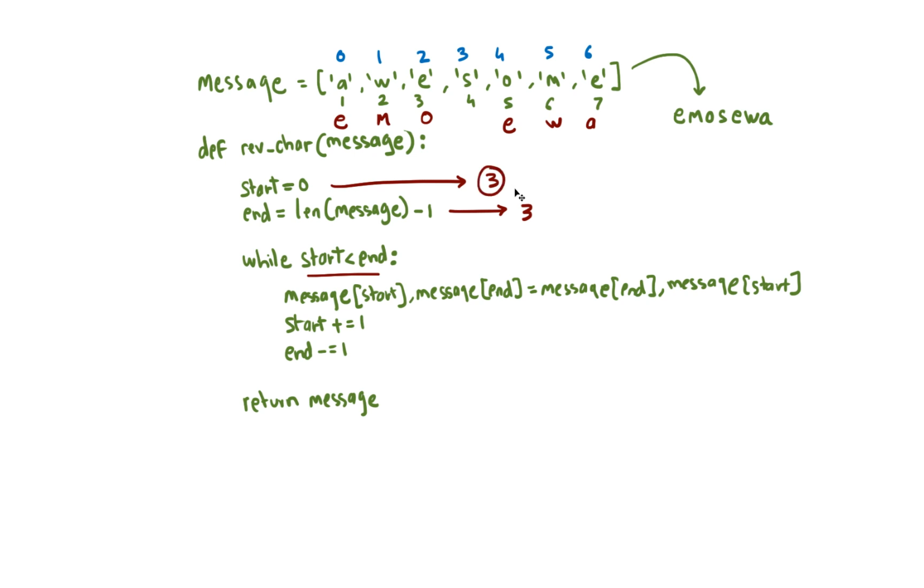No, it's not less than end, it's equal to end. So we simply stop executing this piece of code and then come out of it and execute the next piece, which is this, which is where we return the reversed message. Okay, so the reversed message is this, EMOSEWA. That's the reversed message, which is equal to this. So we are right, our program works.